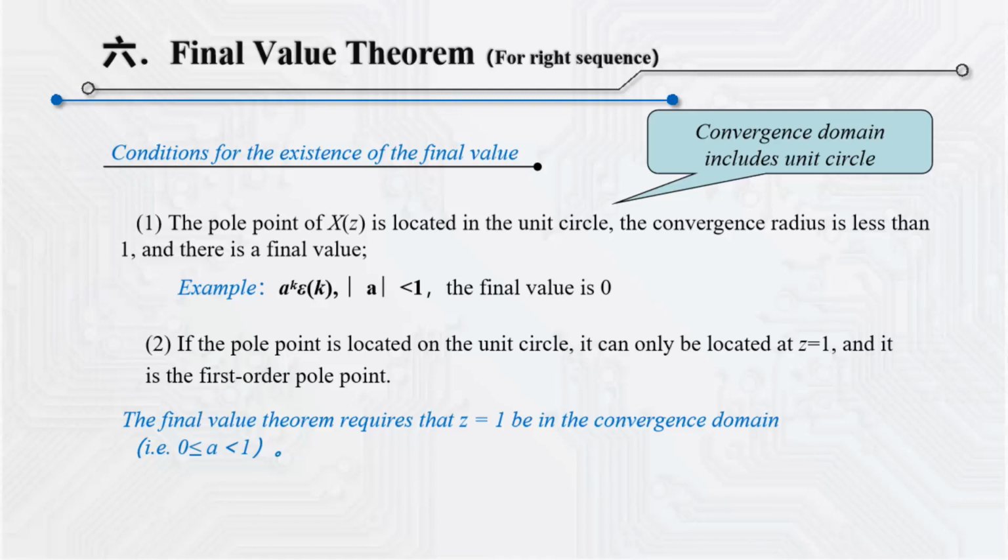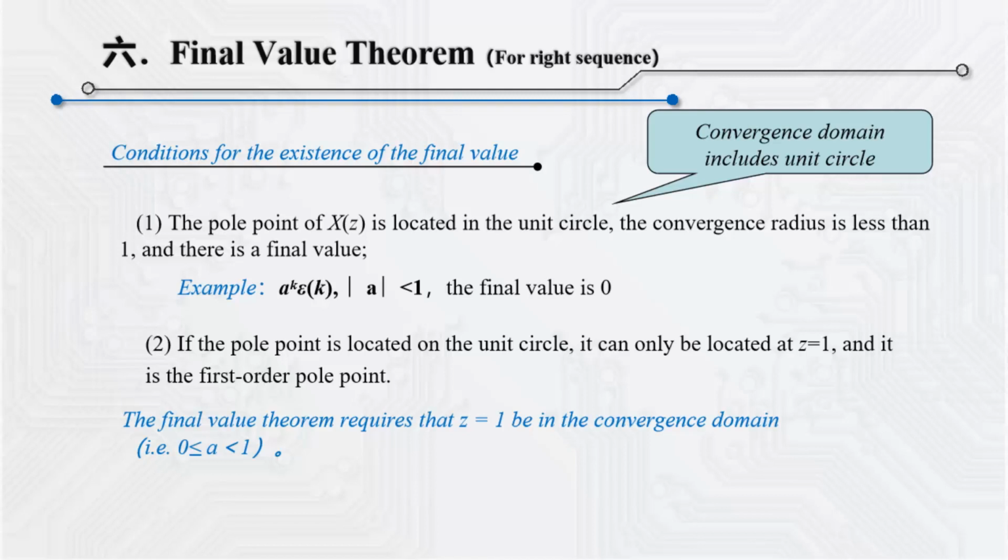Through corresponding analysis, you can find the conditions for the existence of the final value. The following form can be used to judge whether the poles of X of z are inside the unit circle. The position of the pole determines the radius of convergence. The outermost pole determines its convergence radius.